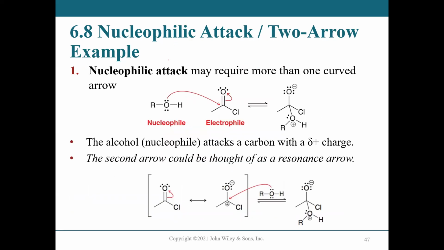This is just a review from yesterday, these first slides. We have this nucleophile right here, and this electrophile. It's moving electrons. Generally what happens next is this is going to be a good leaving group.